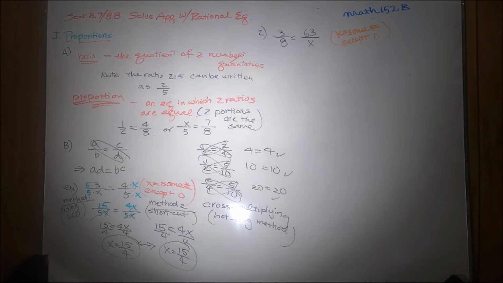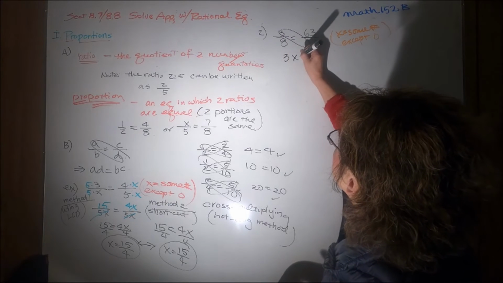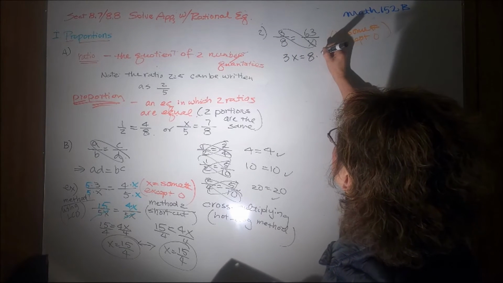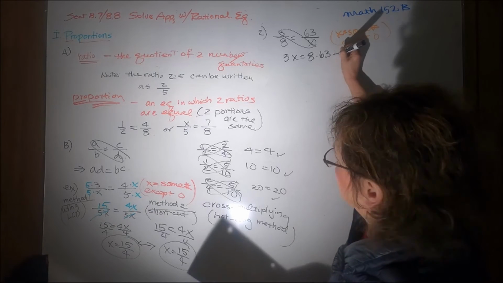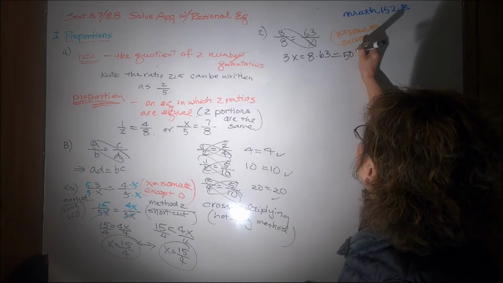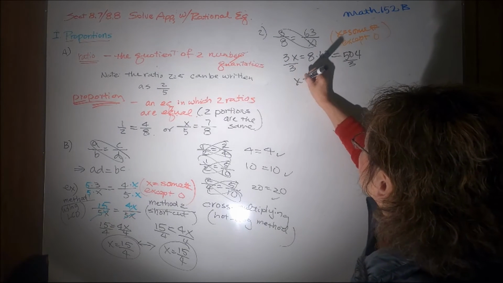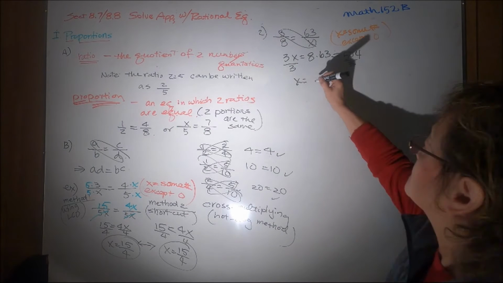So take a look. Is it a proportion? So I can just use the shortcut. So I do that. 3x equals 8 times 63, which is, let me see, I have a number here, 504. Then I divide it by 3, x is what? 168.